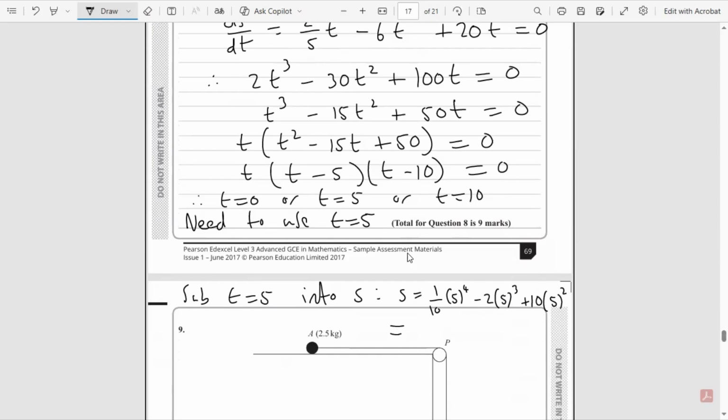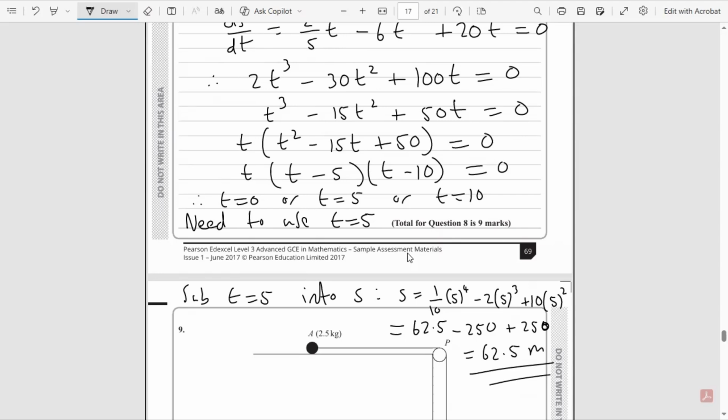Now I'm just going to use the calculator to work this out. 5 to the power of 4 divided by 10 is 62.5. Then we have 5 cubed times 2, that's minus 250. And lastly, 10 times 25, so plus 250. So this leads us to a distance of 62.5 meters.